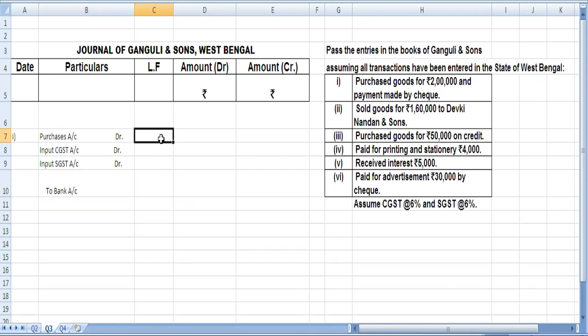Now let us write down the amount. 2 lakh, 6% of 2 lakh is 12,000, and the same here also will come as 12,000, and then the total will come as 2 lakh 24,000.